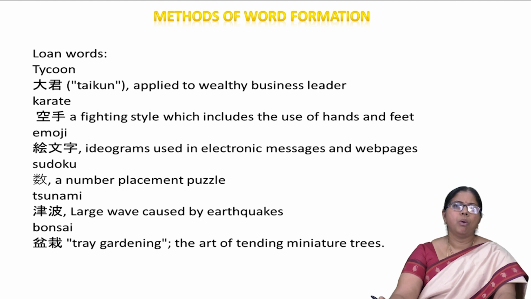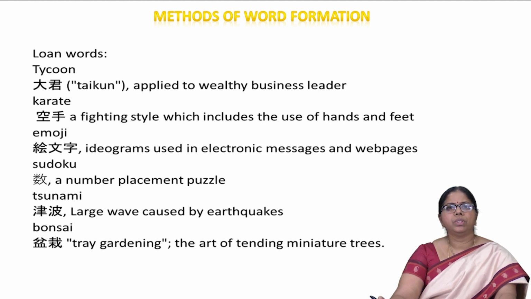So these are examples of loan words. These are only a few; many words are there which we took from other regions and we use in our English language. This is also a process of word formation where new words are formed in English and used in our day-to-day conversation.